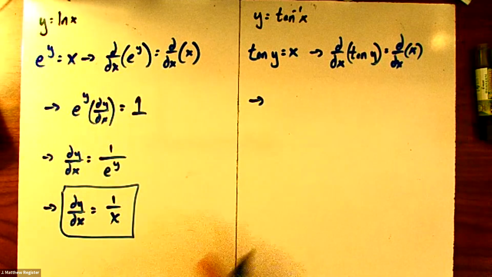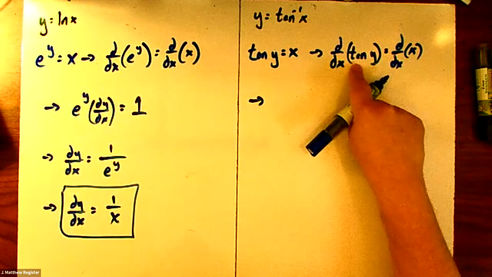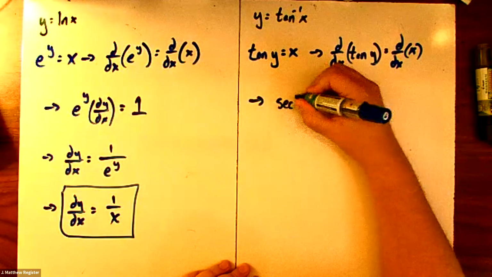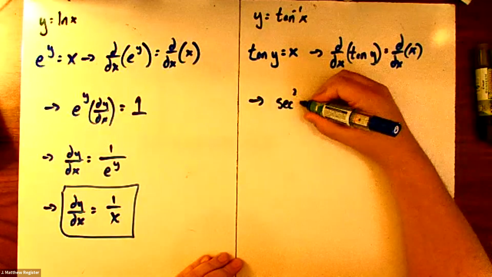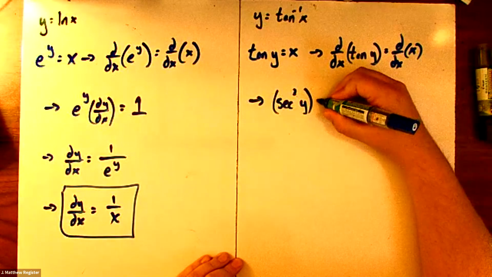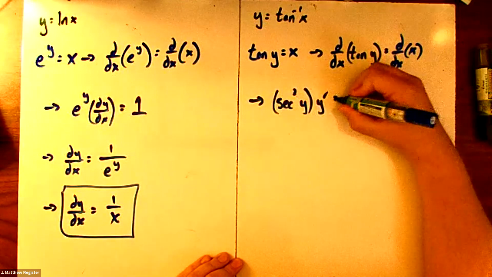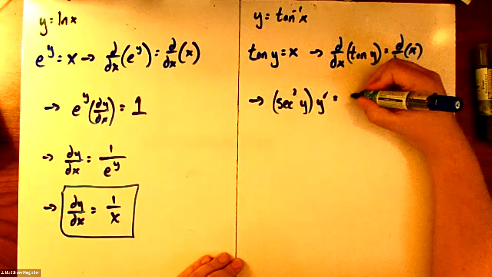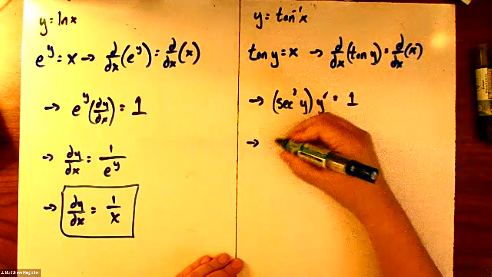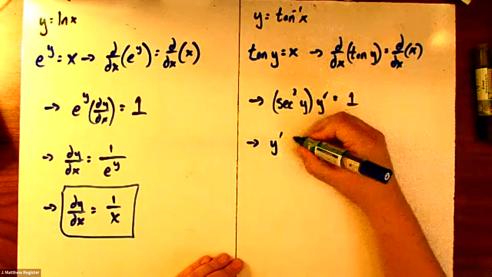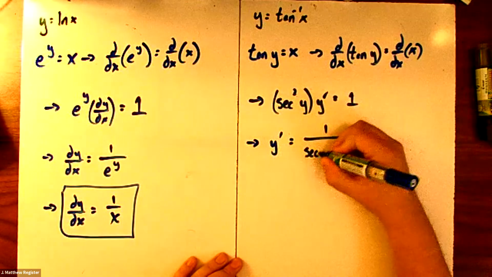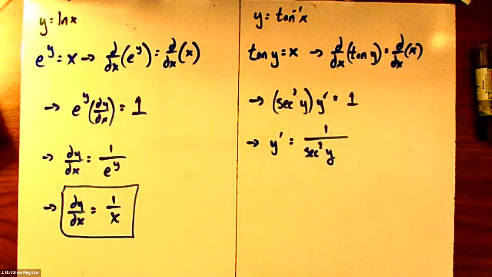Well, the derivative of tangent is secant squared, if I remember correctly. And so we will get secant squared of y times y prime. On the right side, we just get 1. And so that tells us y prime, our dy dx, is equal to 1 over secant squared of y.